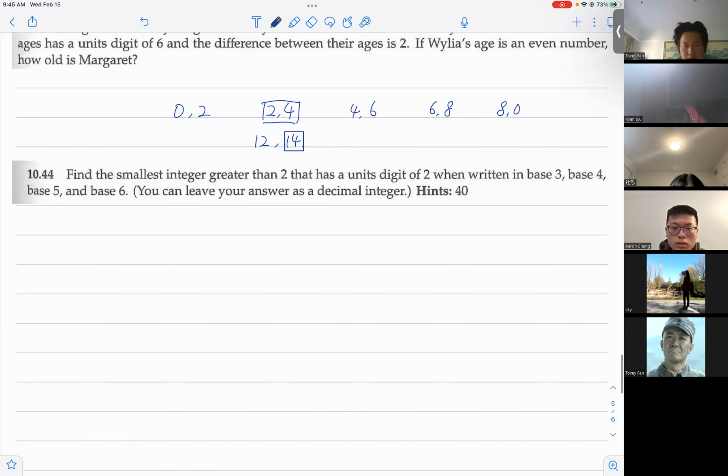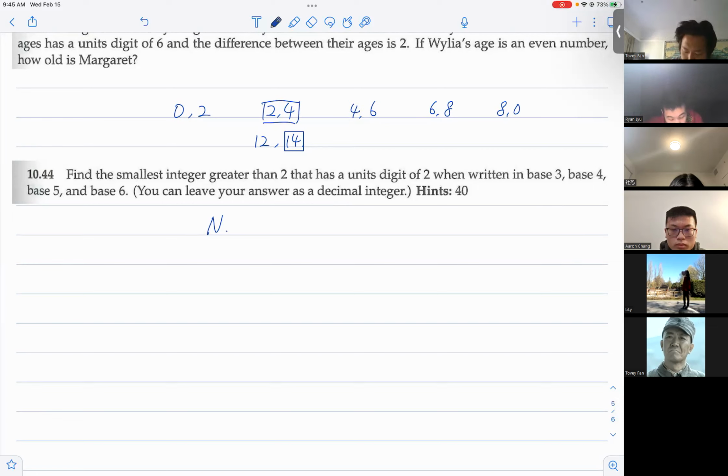So let's say the number is n. The question here, in base 3, 4, 5, 6, unit digit is 2, just means that n has a remainder of 2 when you divide n by 3, 4, 5, 6.